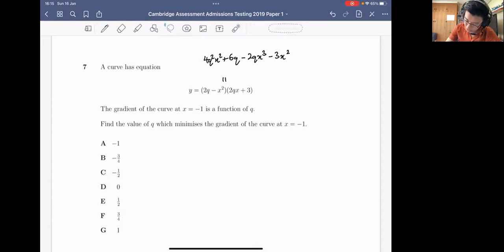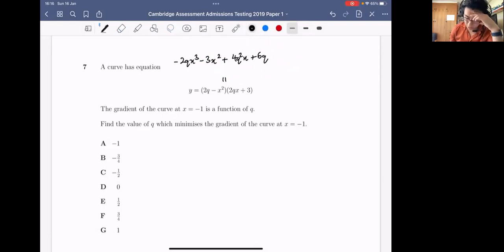I can rearrange that to make it look a bit better, I think. 3x squared. Oh, this shouldn't have a, this is a linear. Okay.